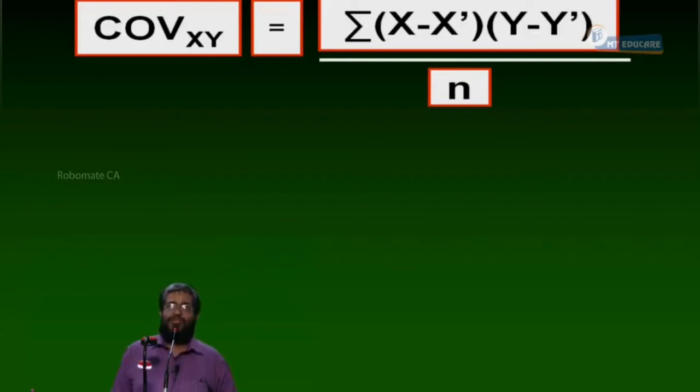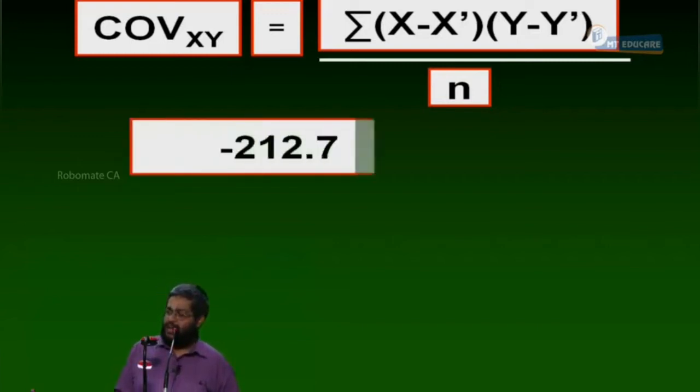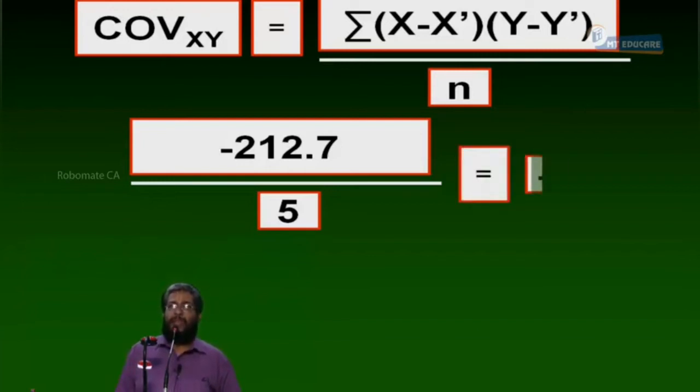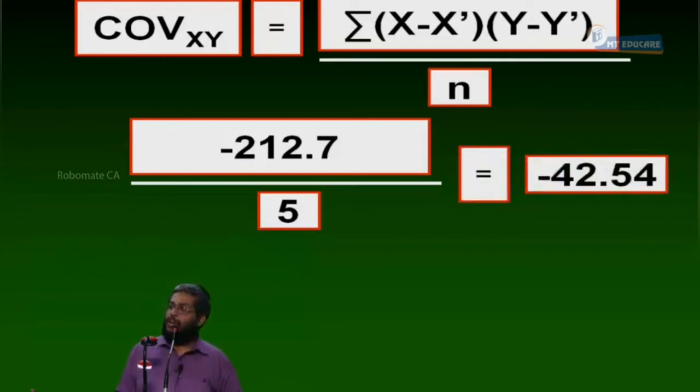Which is equal to, calculated just now, minus 212.7 divided by 5. Can you tell me the number here? Minus 42.54. This is called as what? Covariance of X and Y.